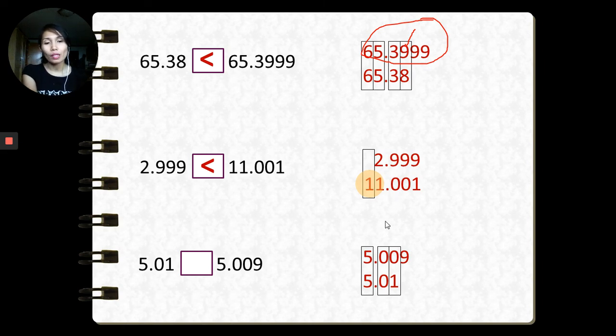So 5.01 or 5 and 1 hundredths is greater than 5 and 9 thousandths. All right. So you see, after the decimal point, tenths is greater than hundredths and greater than thousandths.